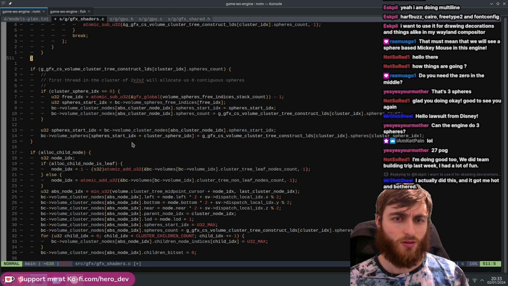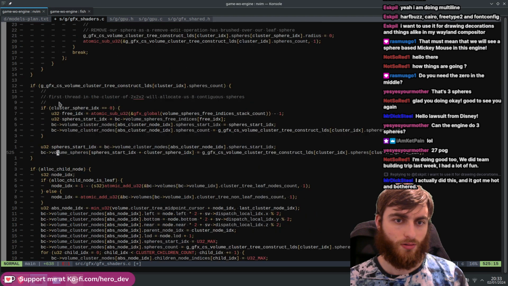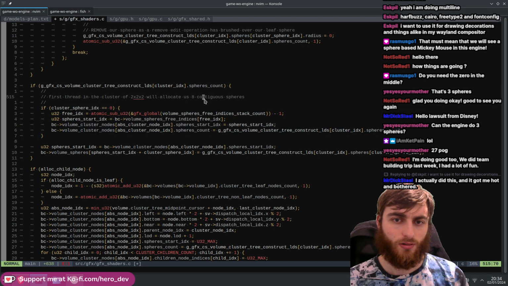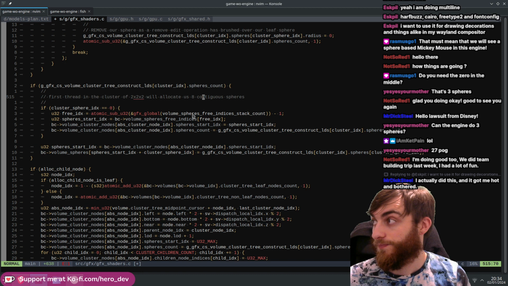So where do we make a sphere? We're copying the spheres here, isn't it? Yes, this is the allocation code, right? First thread allocates a contiguous set of spheres, right?